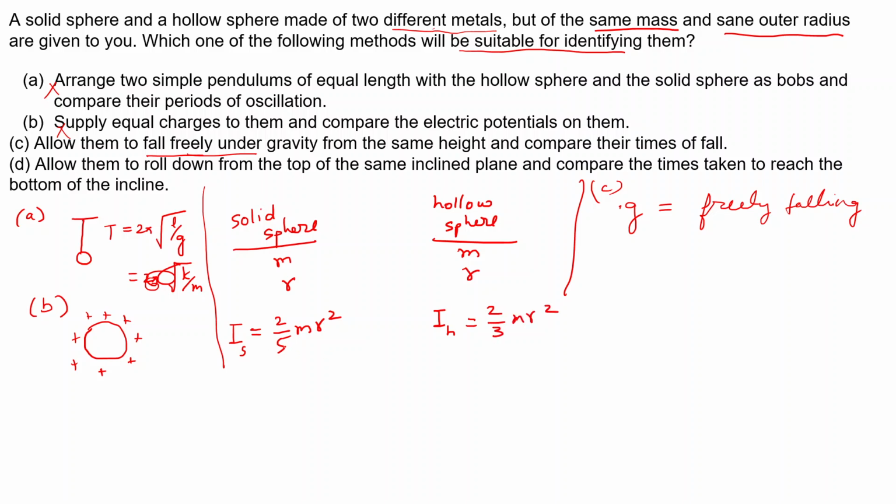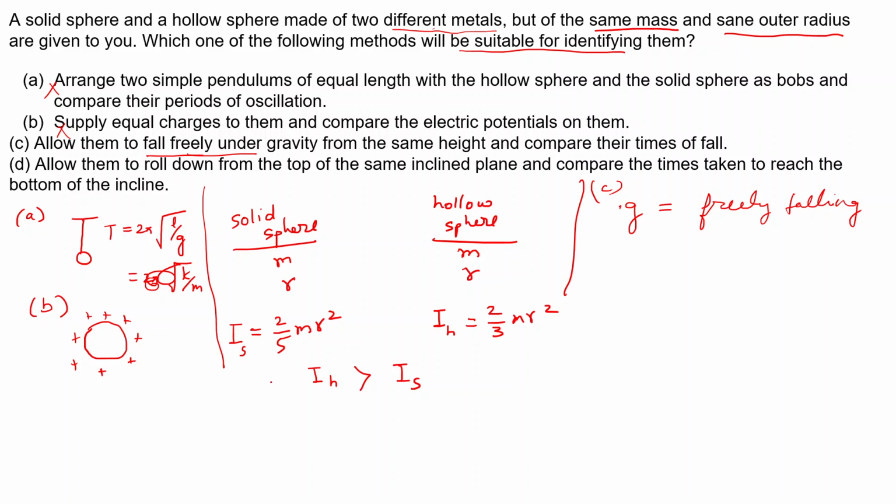We can see in the denominator, here it's 5, here it's 3. So what does this show? This shows that moment of inertia of hollow sphere is more than moment of inertia of solid sphere, right? Because a higher value in the denominator means the overall value is smaller.